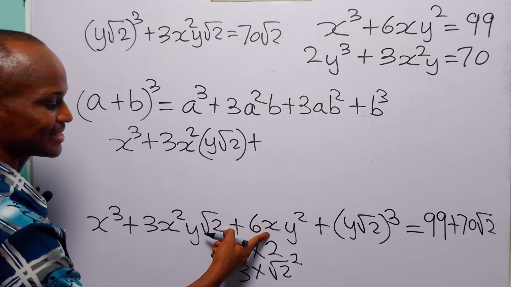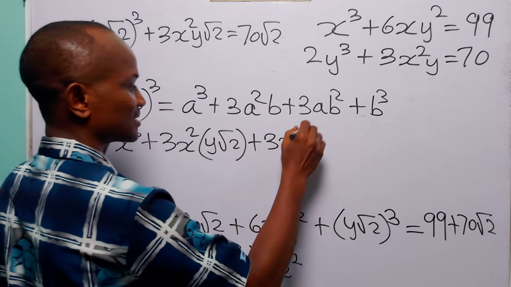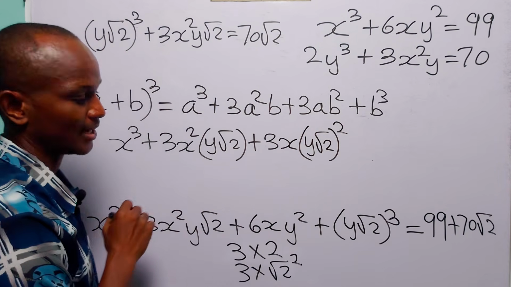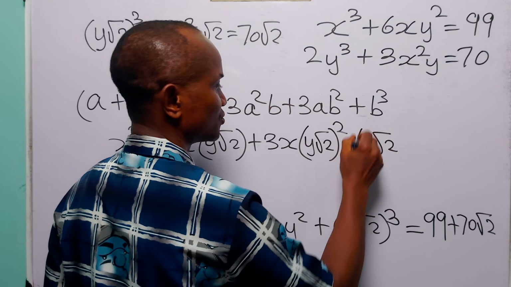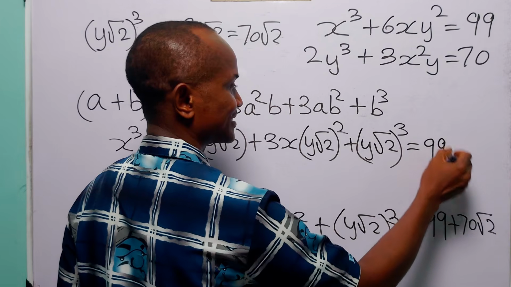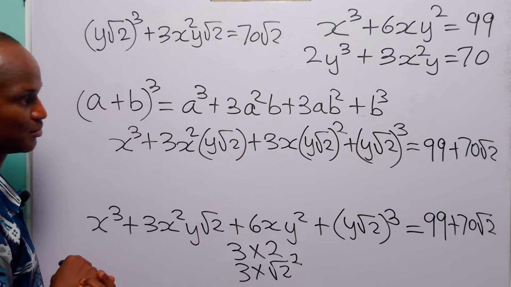So we can write this term as 3x times (y root 2) squared. And of course, here we have (y root 2) cubed, and this is equal to 99 plus 70 root 2.